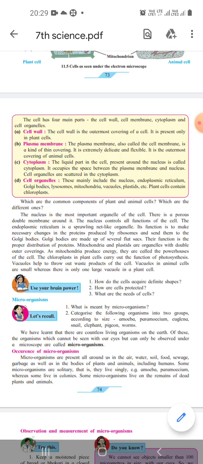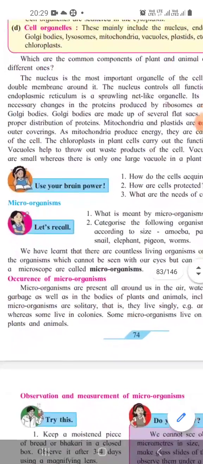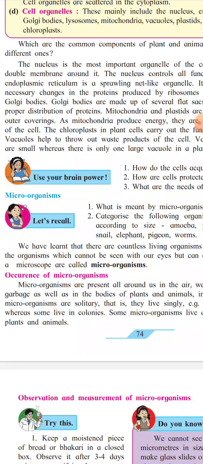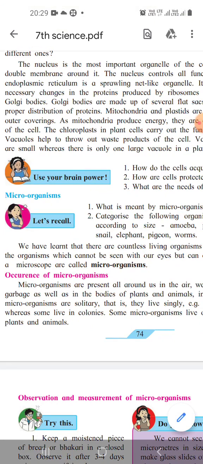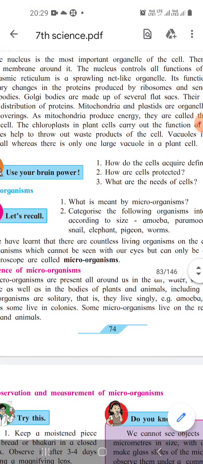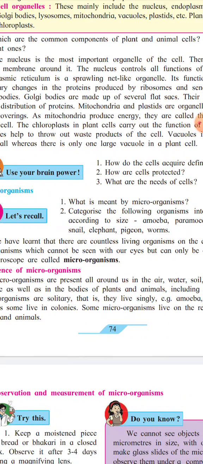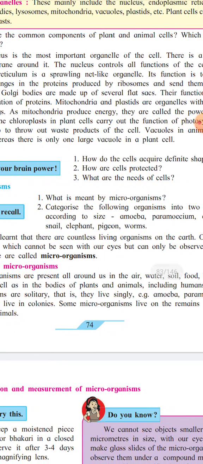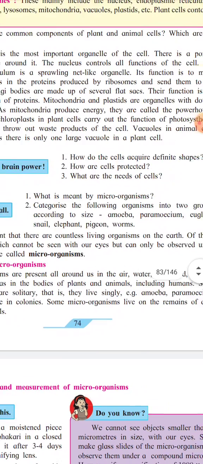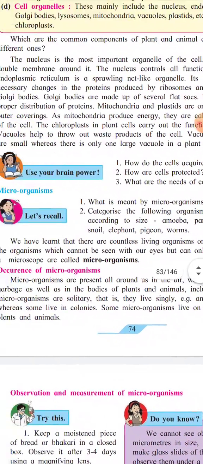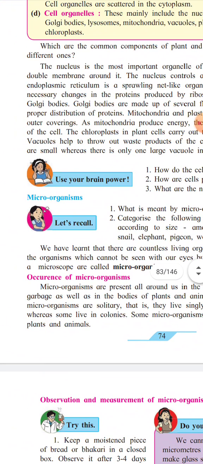Now here we are going to learn the occurrence of microorganisms. Microorganisms are present all around: in air, in water, in our food, soil, sewage, and garbage also, including the human body.